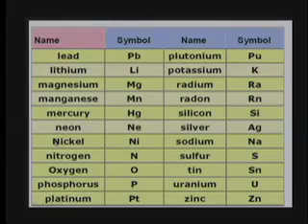Neon, nickel, nitrogen, oxygen, phosphorus, platinum, a rare metal, plutonium, potassium has the symbol of K from the Latin, radium, radon, silicon, silver, sodium, sulfur, tin, uranium, and zinc. So that's the list of the 40 common elements that you need to know the names and symbols and spelling of.